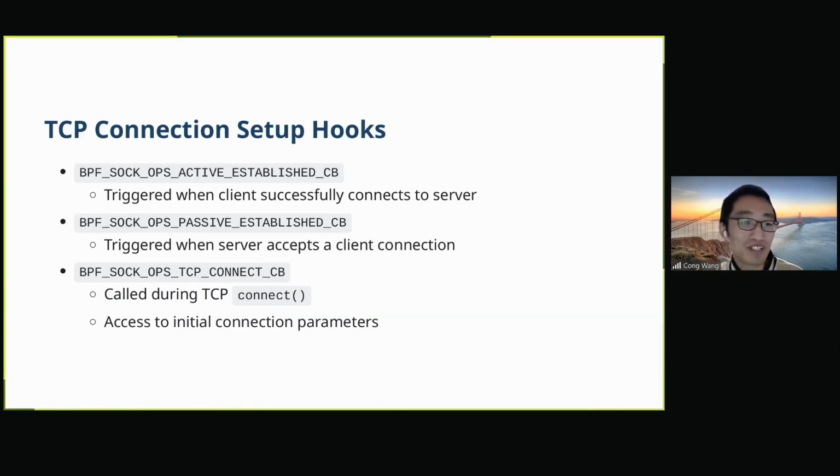When the TCP connection is set up, there are three-way handshakes. During different stages, the Linux kernel allows us to use three different hooks to attach different eBPF socket ops programs to different events.